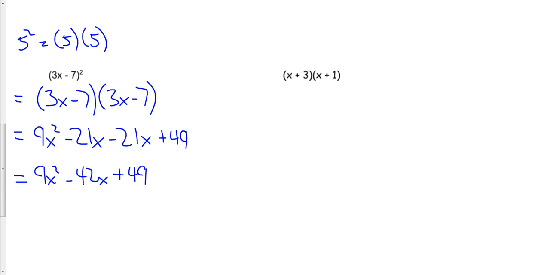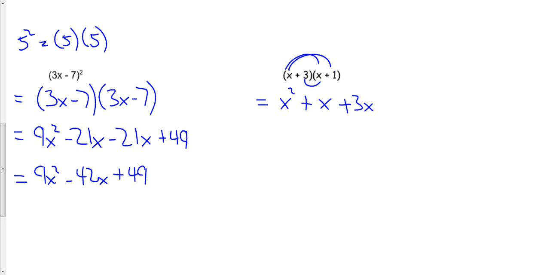49. Okay. And then the last part of our warm-up here, again, we've got x plus 3 and x plus 1. So again, I'll multiply my first terms. X times x is simply x squared. X times positive 1 just leaves me with 1x, so I'm just going to write 1x. I've got positive 3 times x for my inside terms, and that leaves me with 3x.